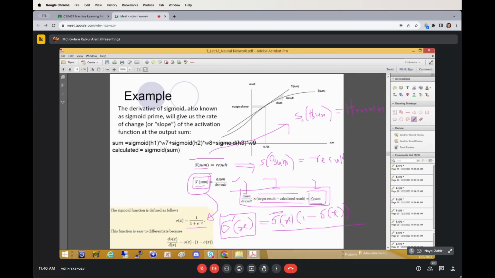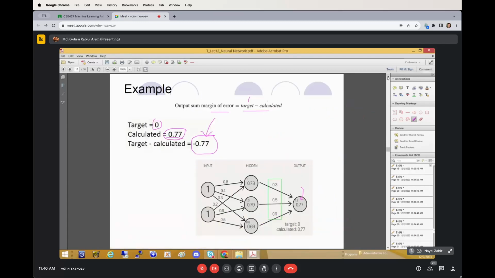So we applied the sigmoid to our hidden sum and got the hidden results. That's what we did in our forward propagation.